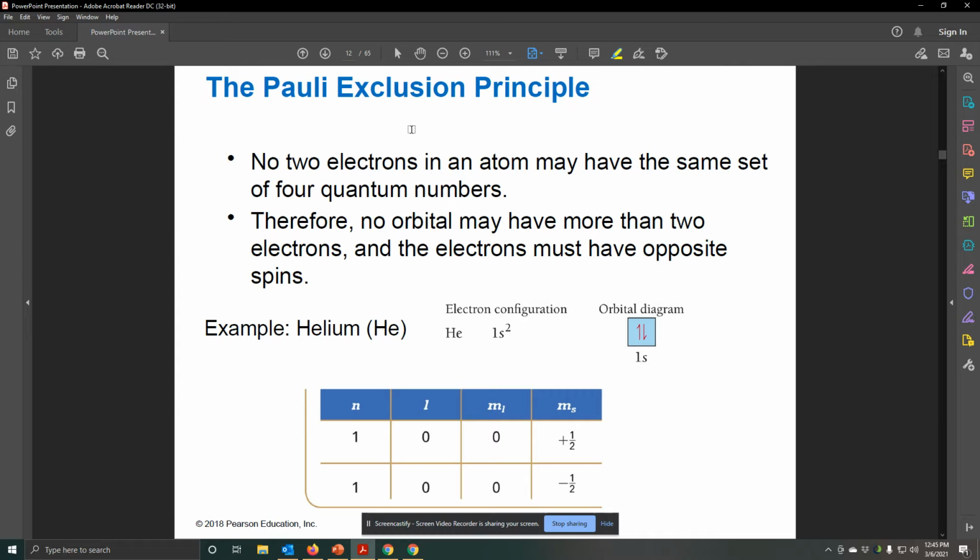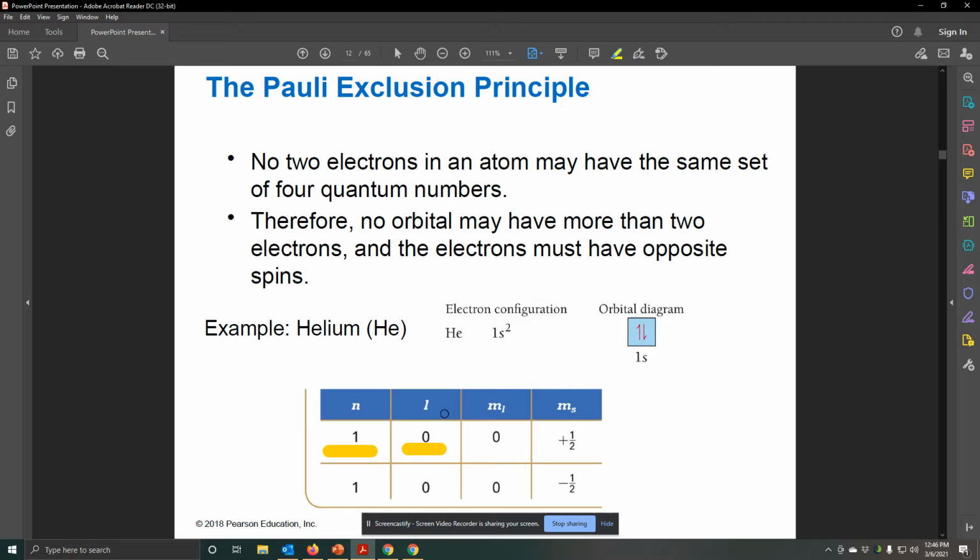Looking at helium real quick, the shell number is 1, so n equals 1. l is 0.